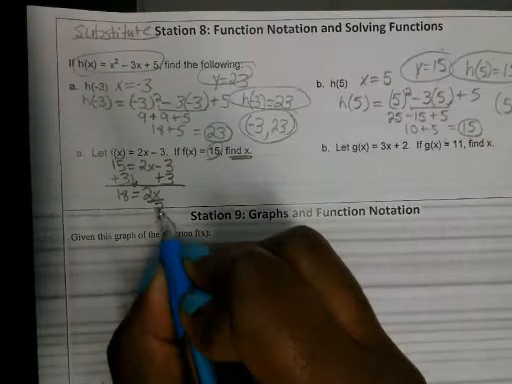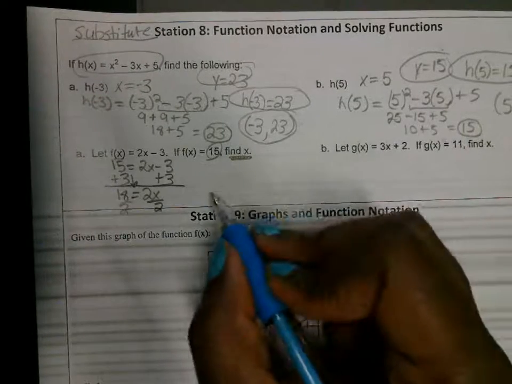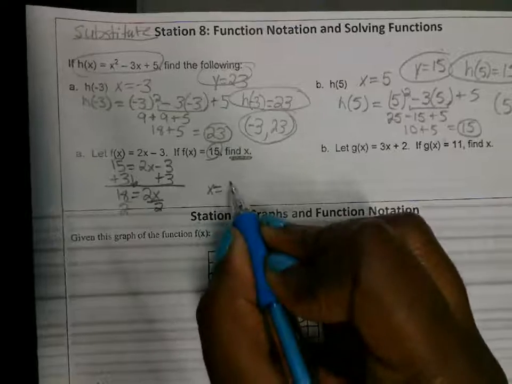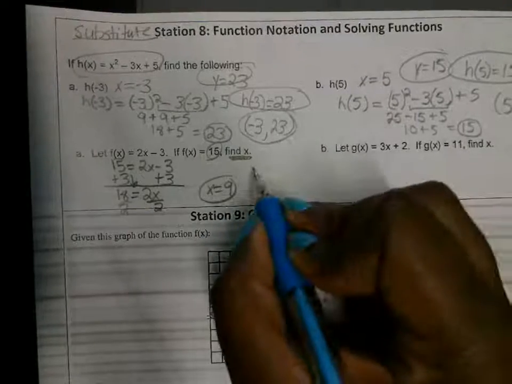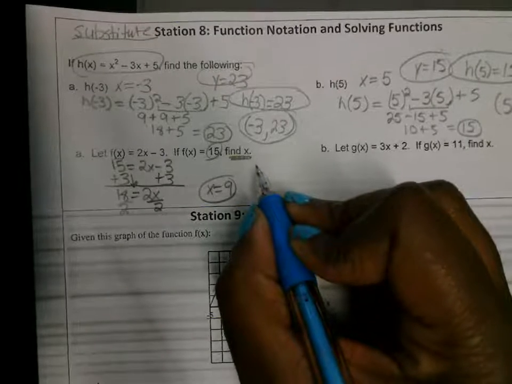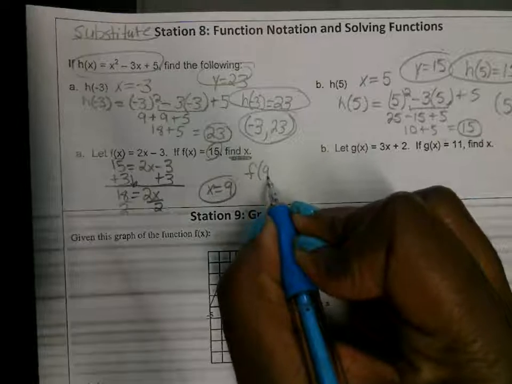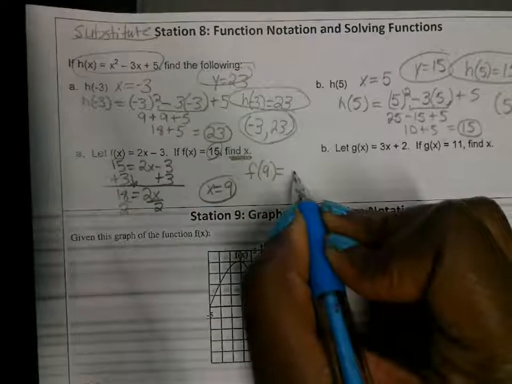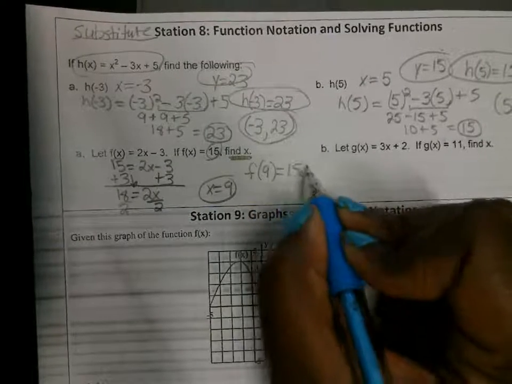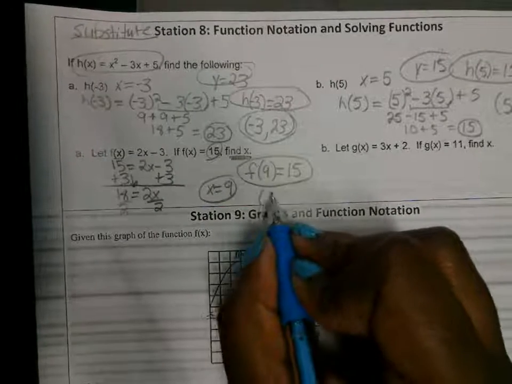Divide by 2. And so what's 18 divided by 2? 9. What's another way to write this? F of 9 equals 15. Very good. What's another way?